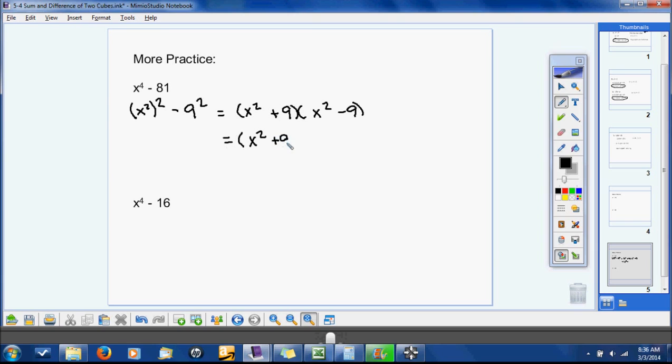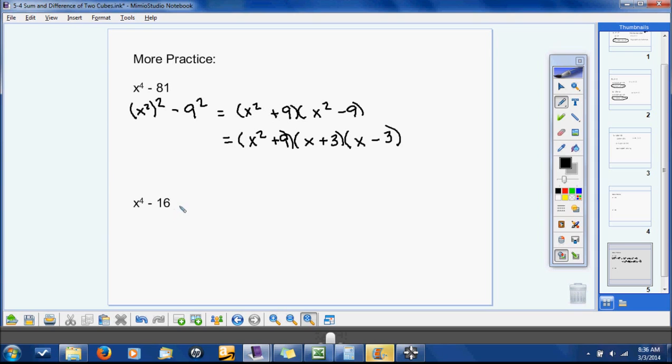But this second factor is actually its own difference of two squares. So let's take a look at that. This one is x squared minus 3 squared. So this gives us an x plus 3 and x minus 3. Now this one's done.